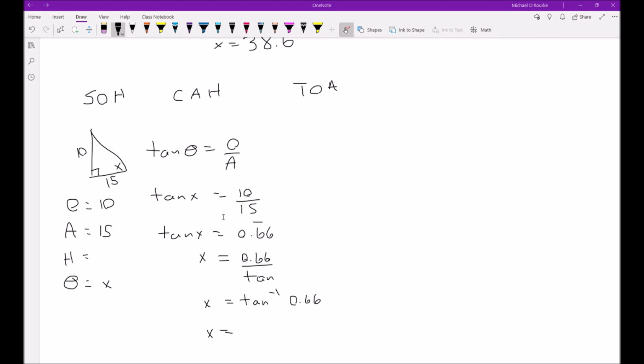Or what you could do is go sine to negative 1, then press 10 divided by 15 inside the bracket and press equals. Something's going on there. How come I have a different answer?